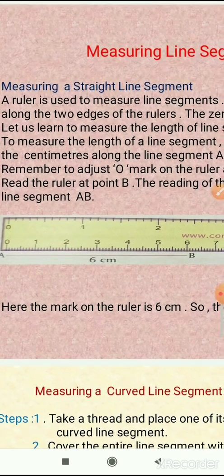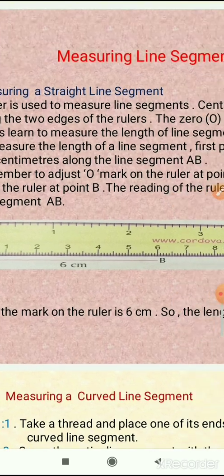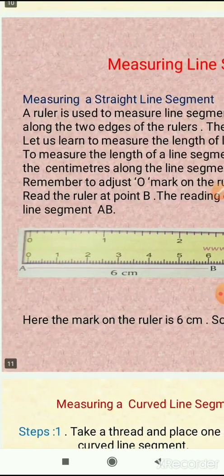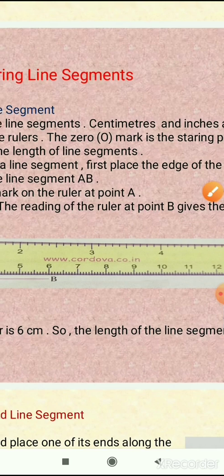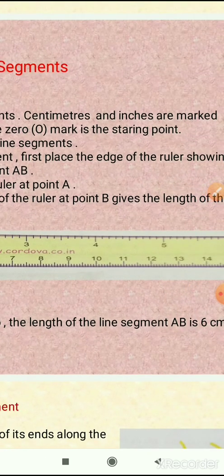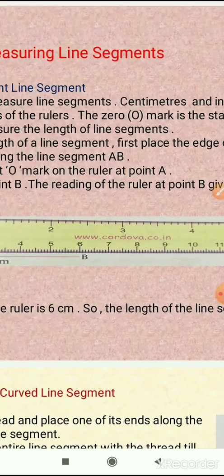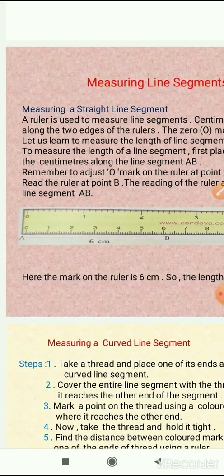Remember to just put 0 mark on the ruler at point A. See here A point is on the 0 mark, and read the ruler at point B. So this B point is on number 6. Okay, so the reading of the ruler at point B gives the length of the line segment AB.